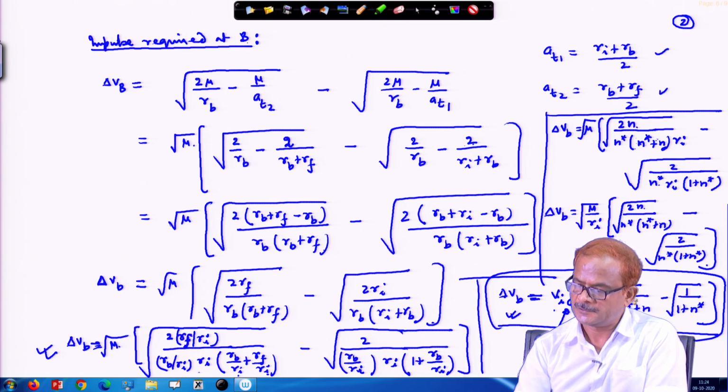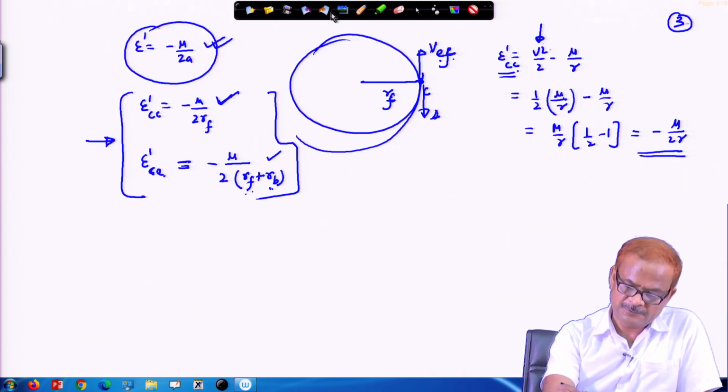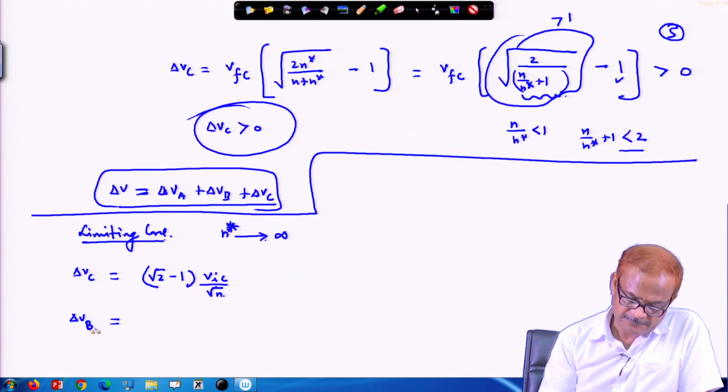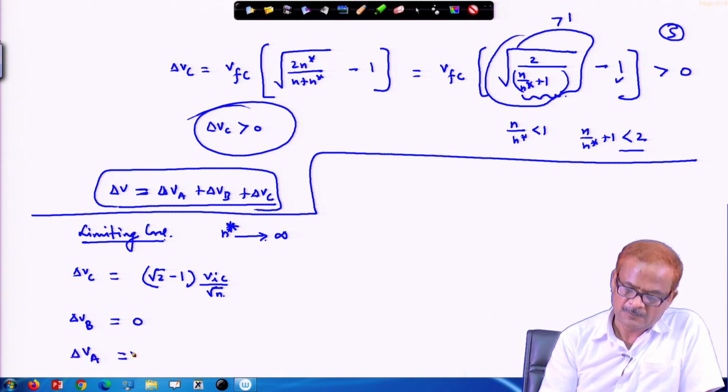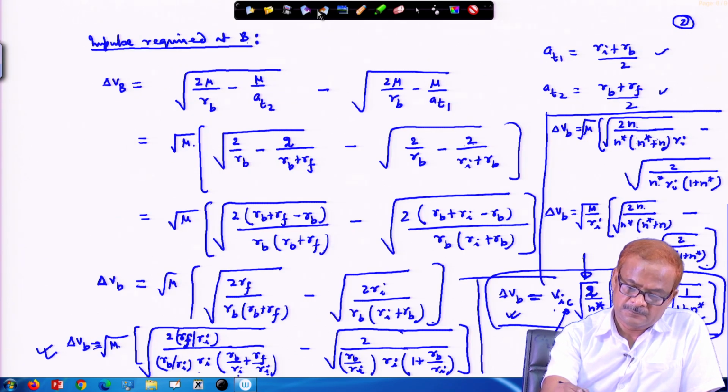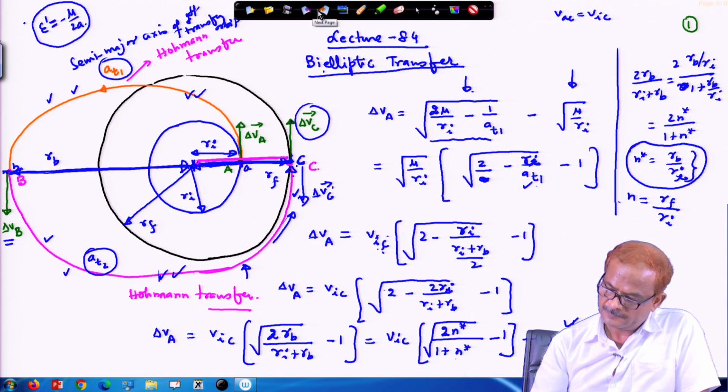Other quantities accordingly we can write here. This is in the denominator n star. So, simply this will tend to 0, this also goes to 0. So, we get here delta V B equal to 0, and delta V A. Delta V A we have calculated here.